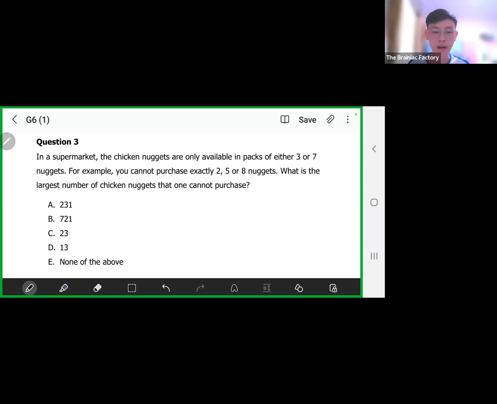In each pack there are 3 or 7 nuggets. Let's see if 3A plus 7B is equal to 231. Why are we doing this?